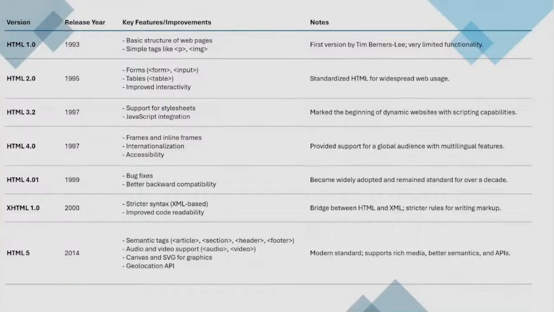Before that, that much syntax was not implemented, so there was a problem of overlapping CSS rules, which was overcome in XHTML 1.0. Now we are using HTML5 with semantic, meaningful tags, that is article, section, header, and footer, and audio and video support is also there in HTML5.